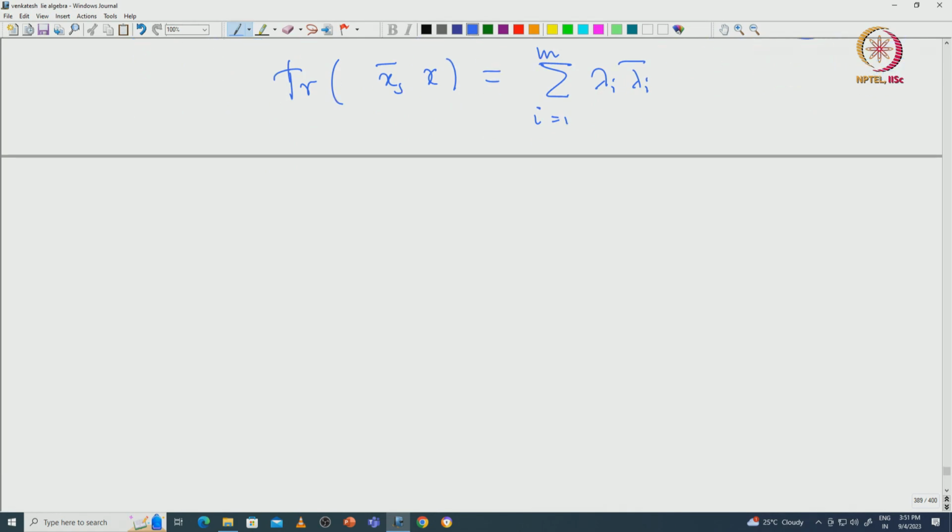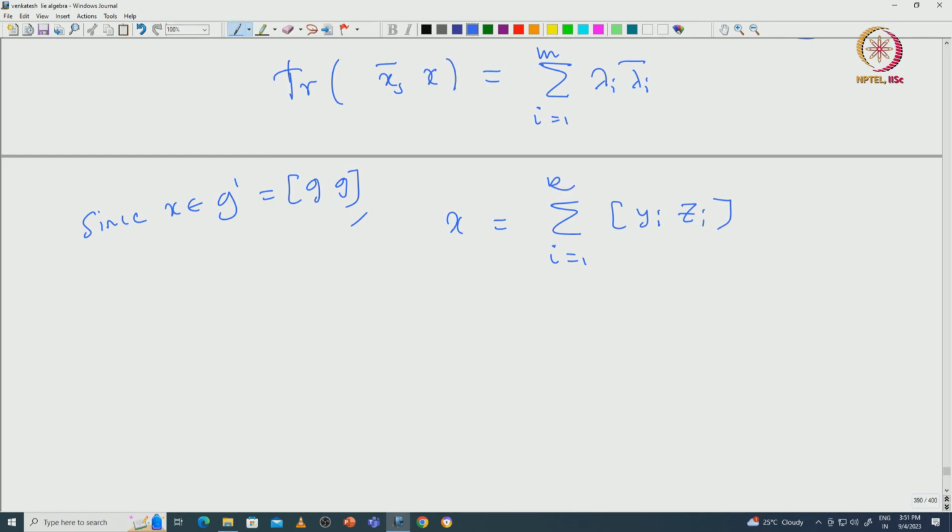But note that since this x is coming from G dash, which is the bracket [G, G], in particular x can be written as a summation of brackets [yi, zi], where i ranges from 1 to k.